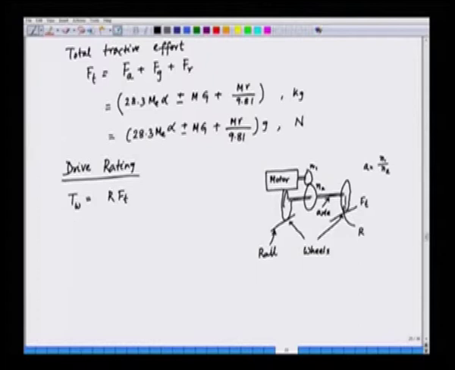and the total torque at the motor shaft, here is the motor. So, we experience the reflection of this torque at the motor. So, Tt is the total torque referred to the motor shaft. This is the motor shaft.